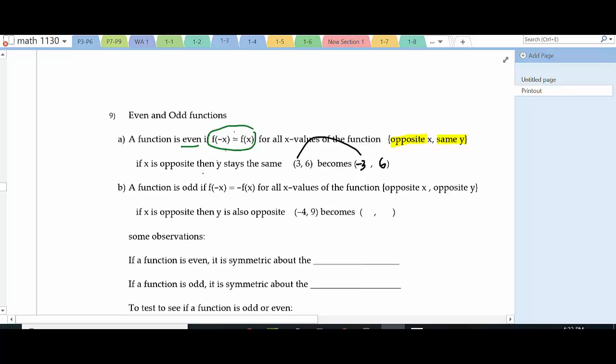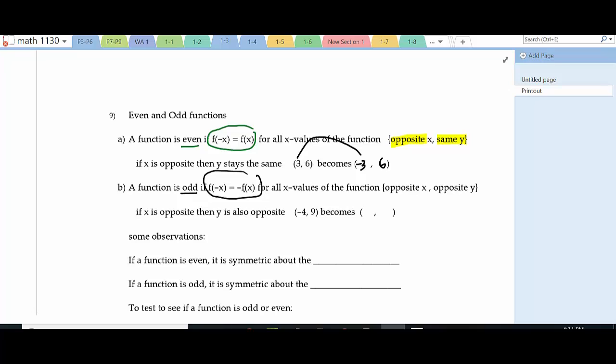Okay? All right? And then we have an odd function. An odd function says if x is opposite, then the function's opposite. And you want to understand this terminology. This is changing x to opposite. Putting the negative in front of the function is changing y to opposite. So what would happen on this is you would change the -4 to what? +4.